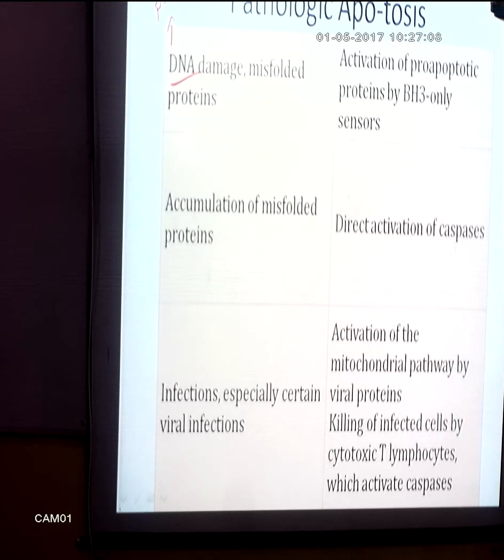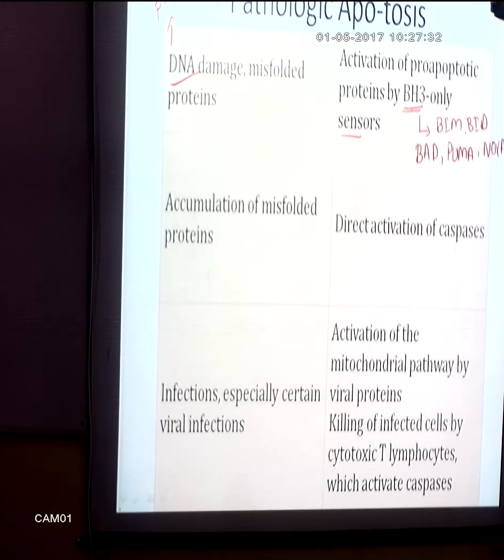That pathway directly activates BH3 only sensors. There are a few proteins called BH3 only proteins. They are BIM, BID, BAD, PUMA and NOXA. These are called BH3 only proteins.